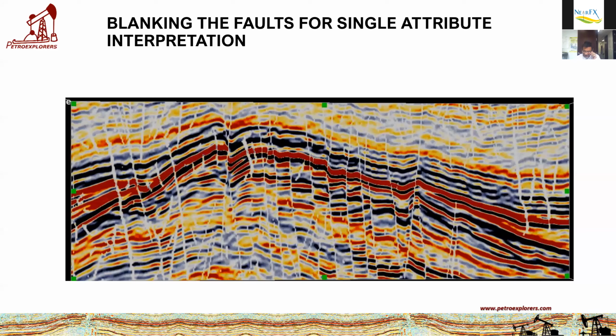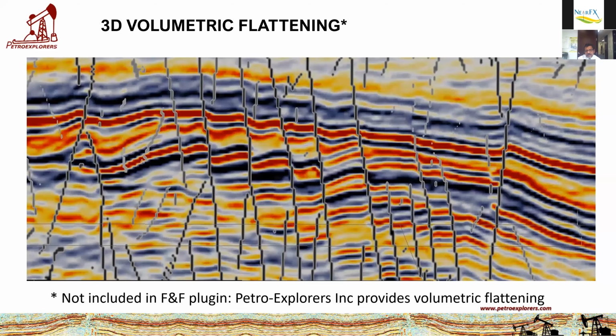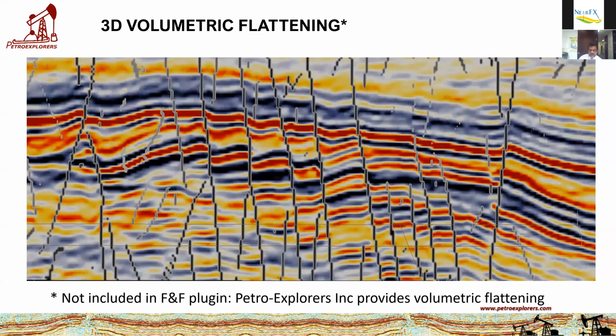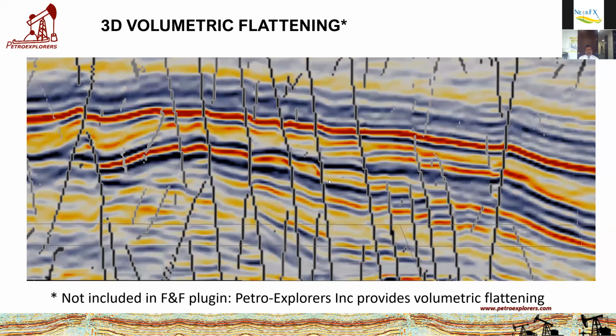The other important output which came from here is the volumetric flattening. This is where the throw is calculated on each of the faults, and then you can apply what is called volumetric flattening.